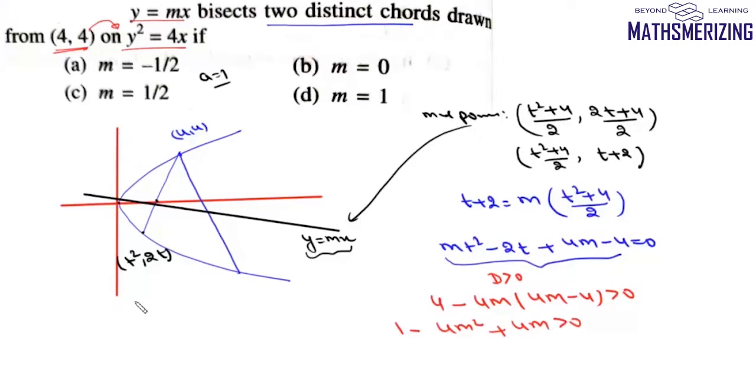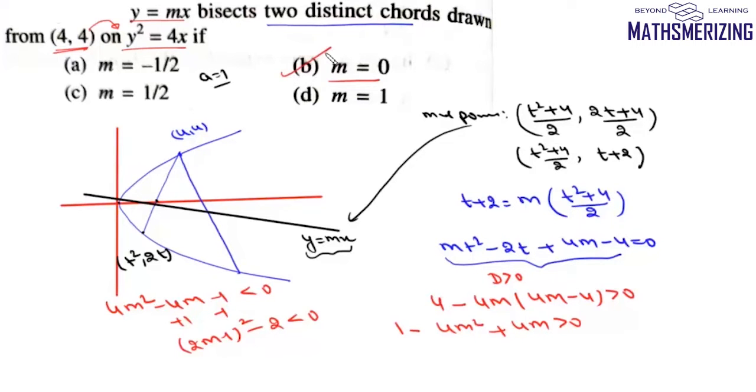So we can write this equation as 4m² - 4m - 1 less than 0. So I'll add 1 and subtract 1. So we can write this equation as (2m - 1)² - 2, and this should be less than 0.